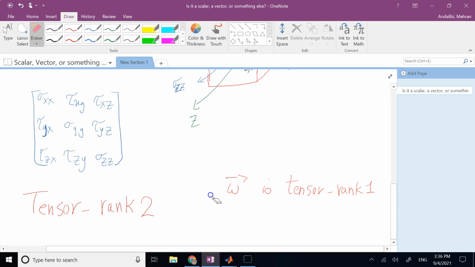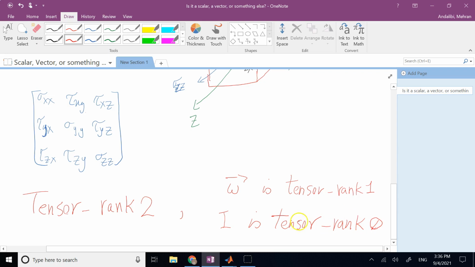also your electric current I, which is a scalar, is a tensor, but it doesn't need any direction, so it is a tensor of rank 0.